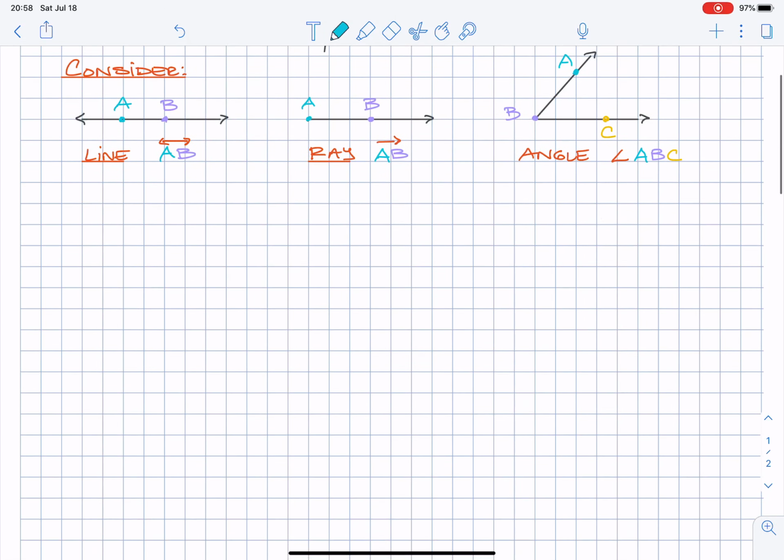Okay, so definition. An angle is created when two rays, which are half lines, coincide at a common point.